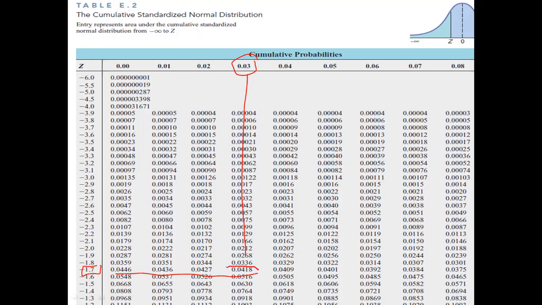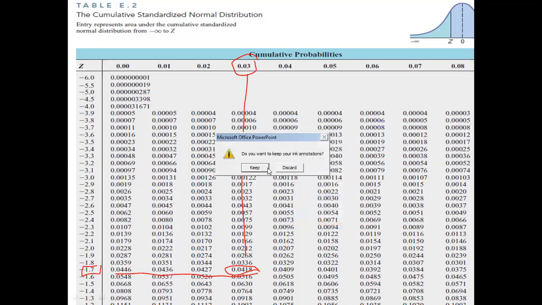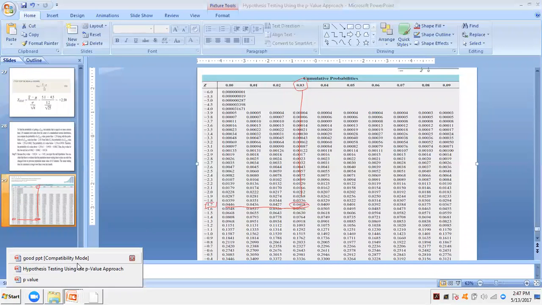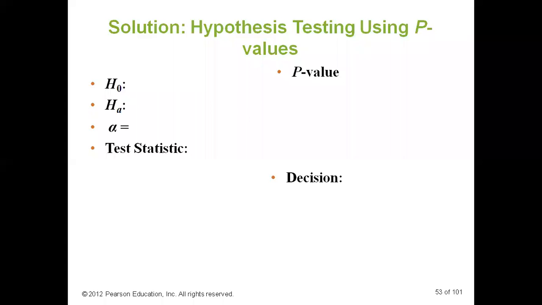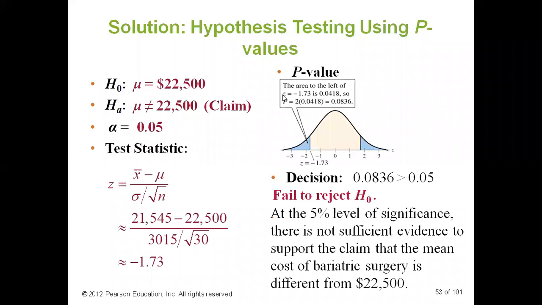This is the value 0.0418. You can see here the p value is 0.0418. Since this is not equal to, obviously it is a two-tail test.